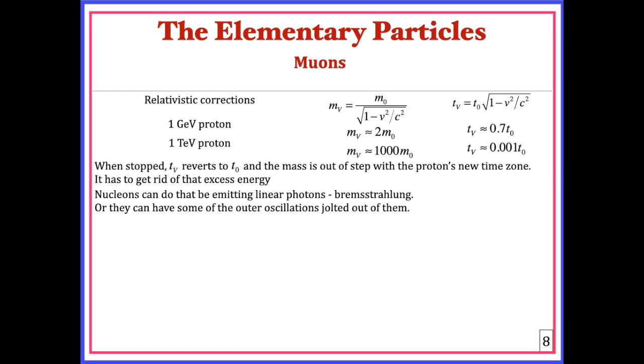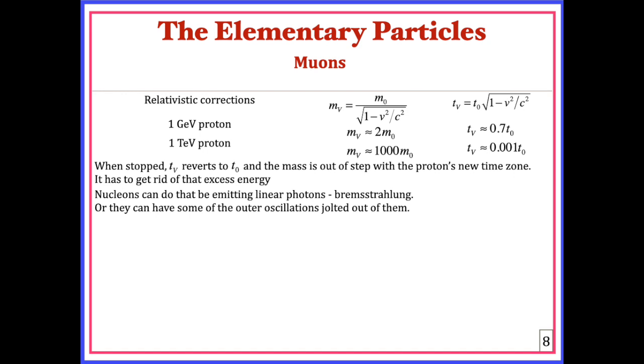A 1 TeV proton will have its mass increased by a factor of 1,000 and its time similarly slowed down. And that applies for all their series of 1/3 frequency harmonic oscillations as well. They are quite stable under their high voltage reference frame. Their internal mechanisms don't notice that anything has changed.